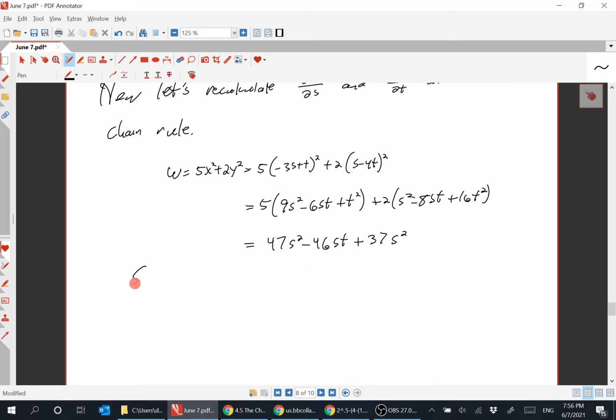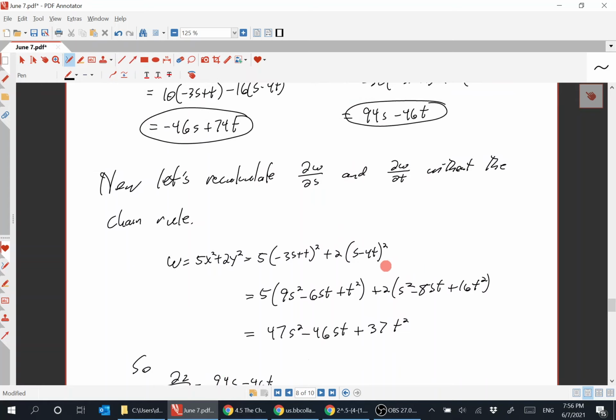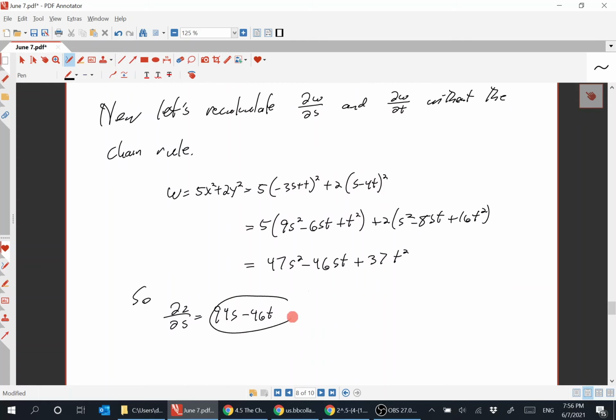So now partial of w with respect to s is equal to 94s minus 46t. Oh, what did I do? That's t squared. Minus 46t plus 0, 94s minus 46t. Same answer as before.